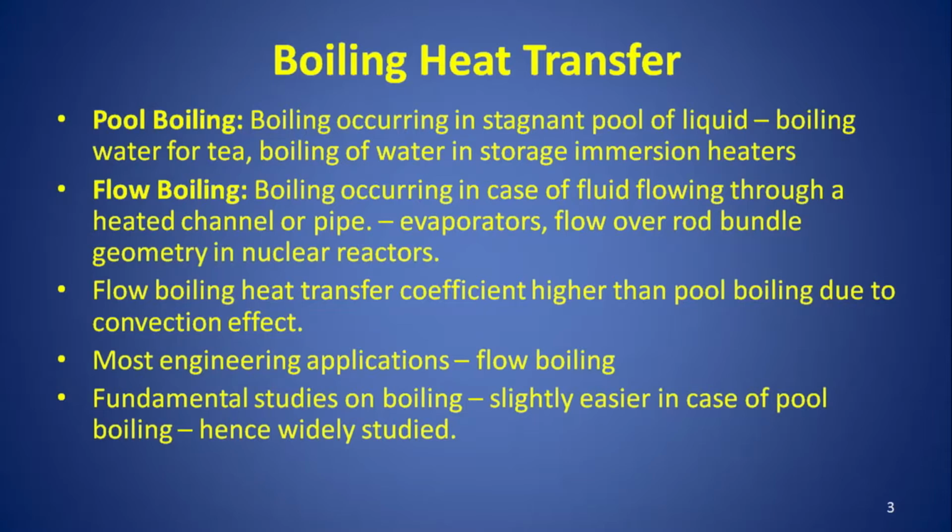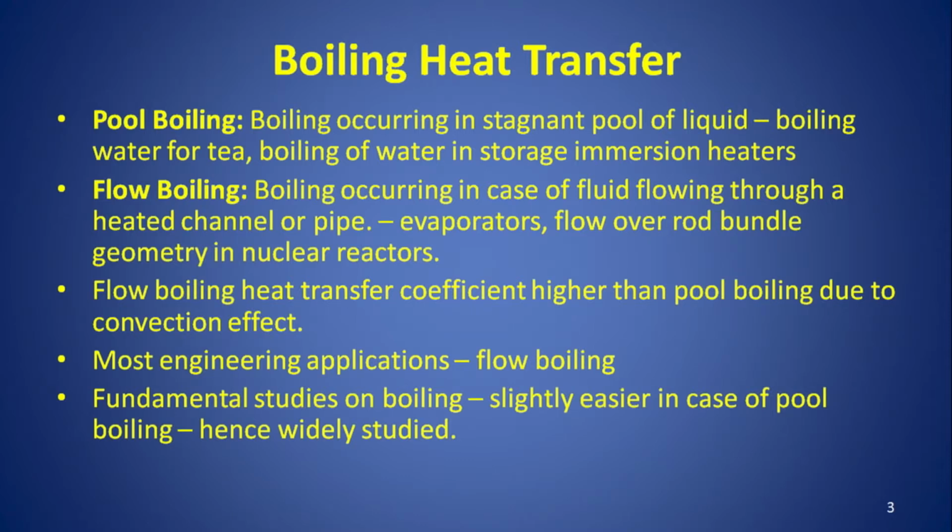So, what is boiling heat transfer? We have seen through the last 5 minutes what boiling would be. Boiling can be broadly classified as pool and flow boiling. Now, in single phase convection, we had what was called natural convection and forced convection.